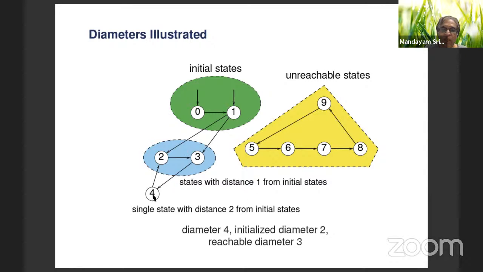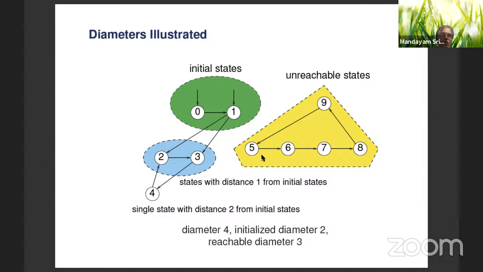Why? Because these are the reachable states from the initial states 0, 1: 2, 3, and 4, other than 0 and 1, for which the distance is 0. Therefore, the reachable diameter here is 4. And of course, the reachable diameter includes even the unreachable parts of the transition system.